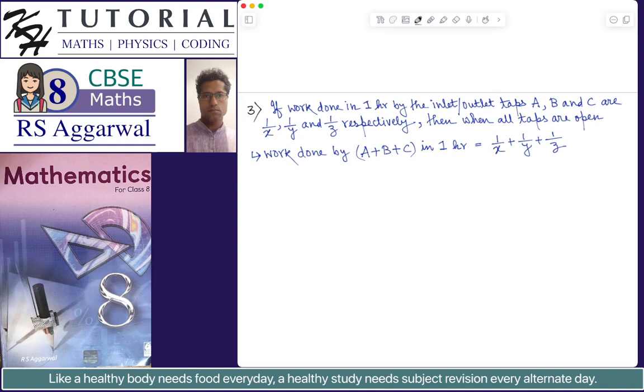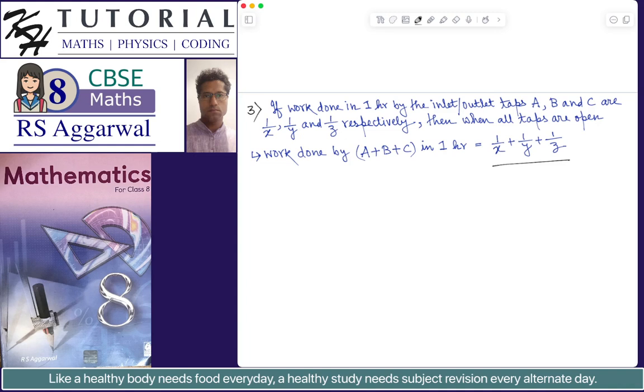Now, if this net result is positive, then we should understand that water is being filled into the tank in 1 hour. And if this net result is negative, then it means that in 1 hour water is being emptied from the tank. Okay.